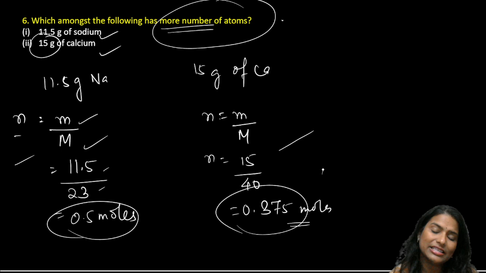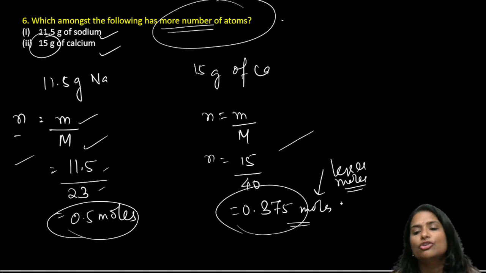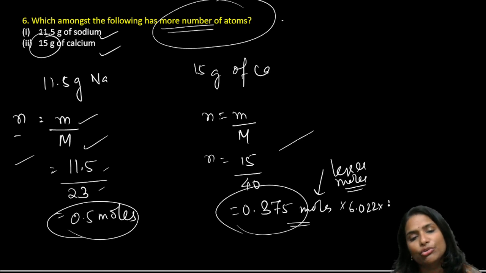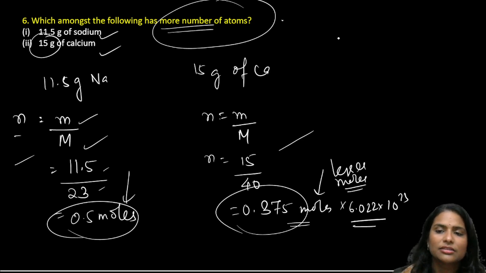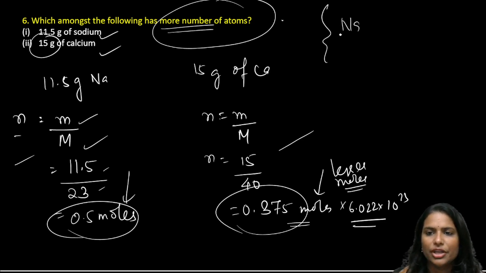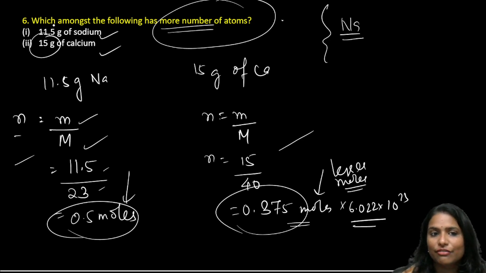So you can see this is 0.5 and this is 0.375. So which is having the lesser moles? This one has the lesser moles. So obviously with the lesser value, if you multiply by 6.022 into 10 to the power 23, you will get the lesser number. So which among the following has more number of atoms? Answer is sodium. Just don't get confused by seeing that 11.5 is given, that the mass of sodium is less.